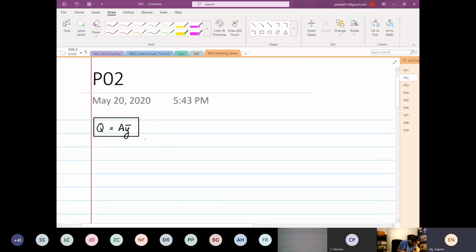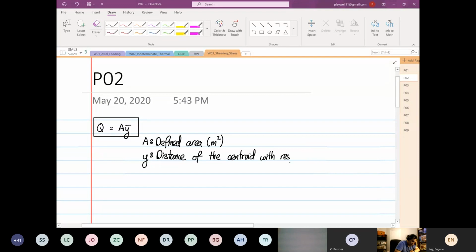Where A is the defined area, and it's in meters squared, and y bar is going to be the distance of the centroid with respect to the defined area.